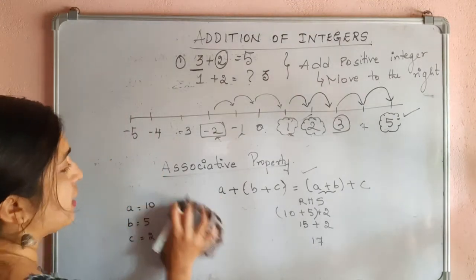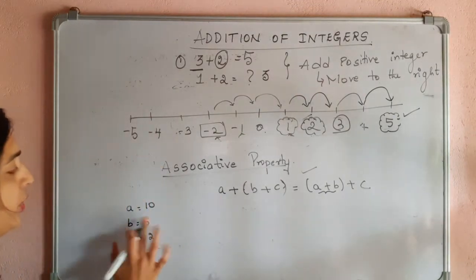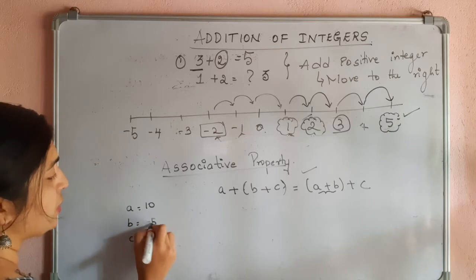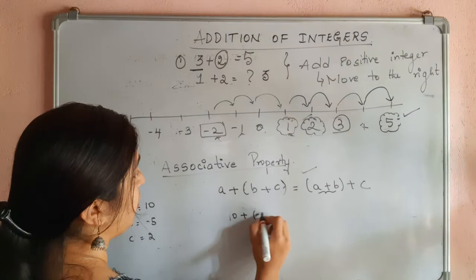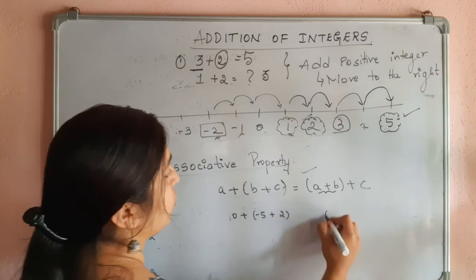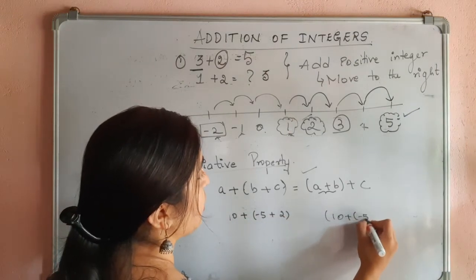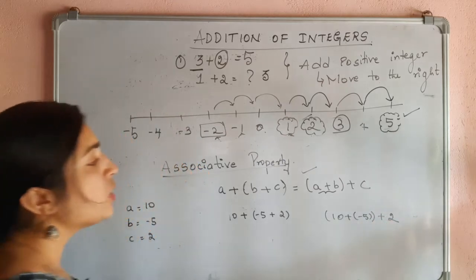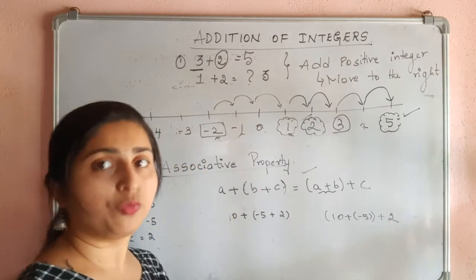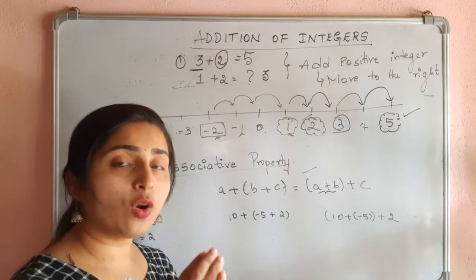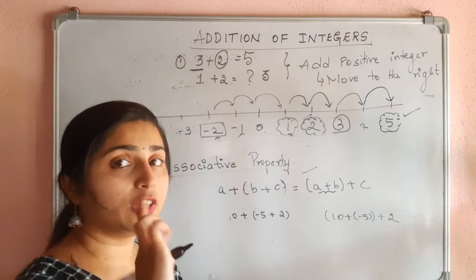Next I will consider A equal to 10, B equal to minus 5, C equal to 2. So 10 plus (minus 5 plus 2). Let us see the LHS first. Minus 5 plus 2. We have already studied the addition of integers having different signs.